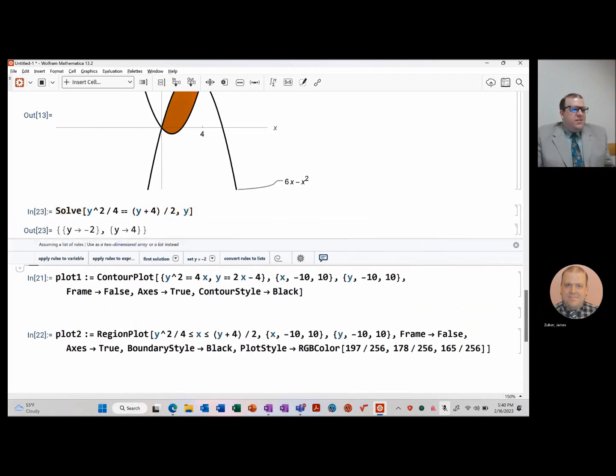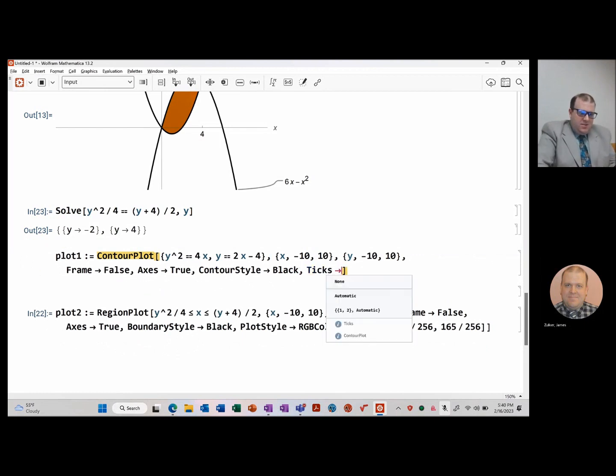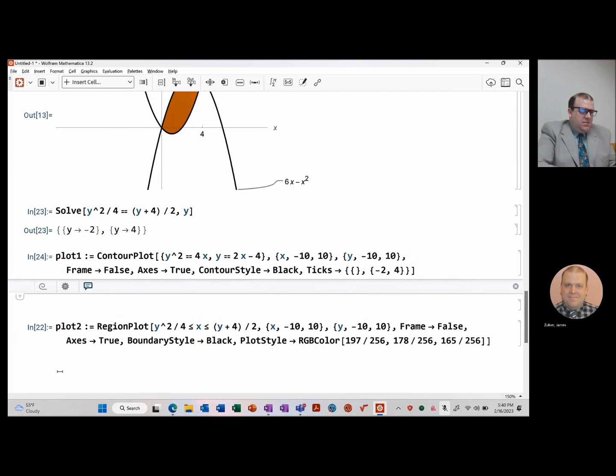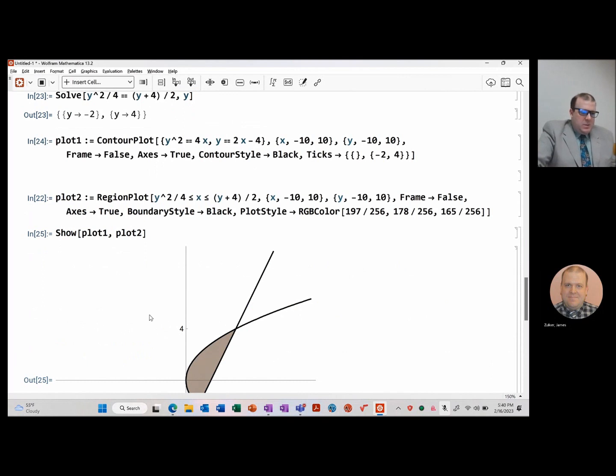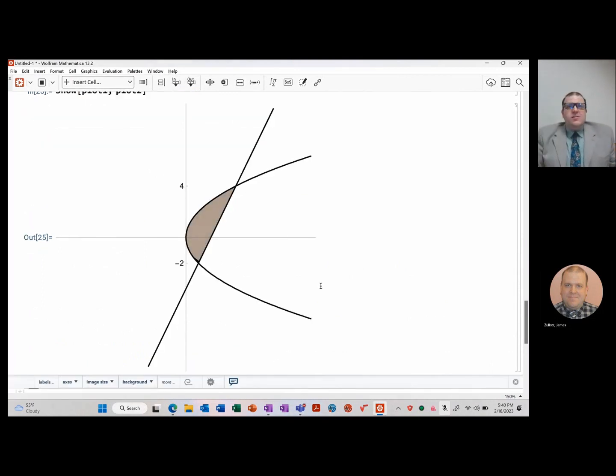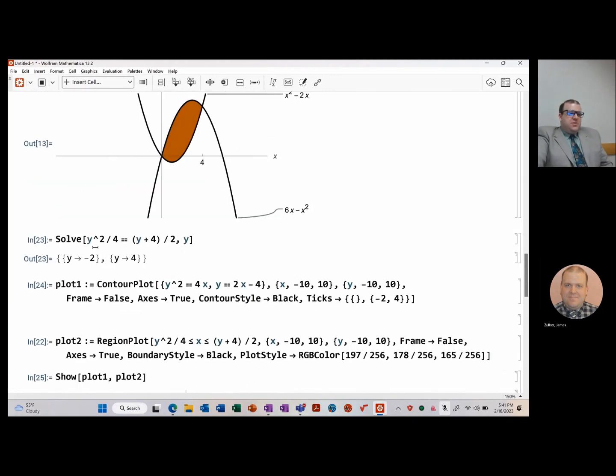Solve it for y: -2, +4. So I'm going to leave my x's blank, and I'm only going to use -2 and 4 on the y-axis. And there we go. There's our region. I set the two functions equal and solved it.